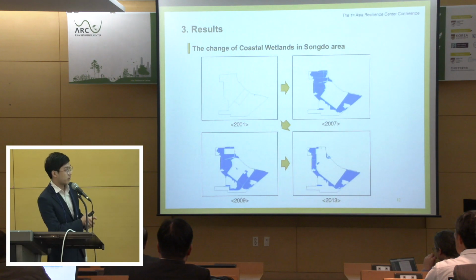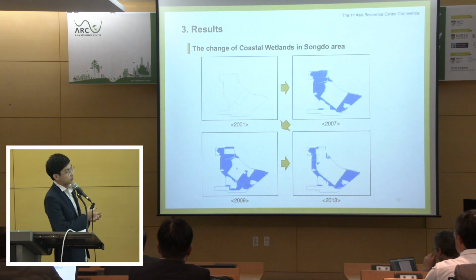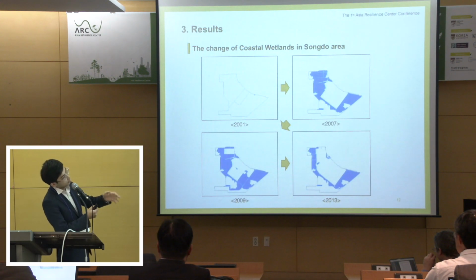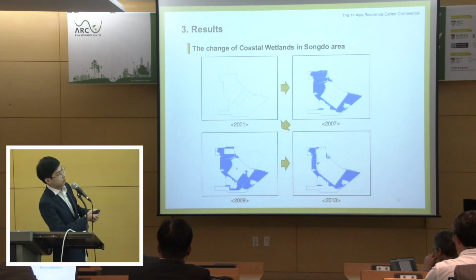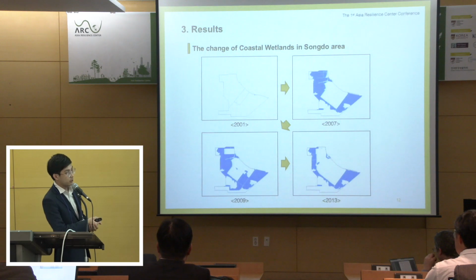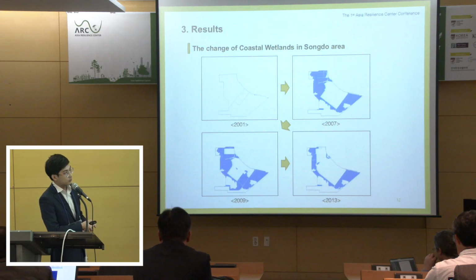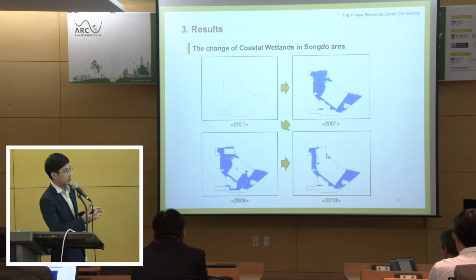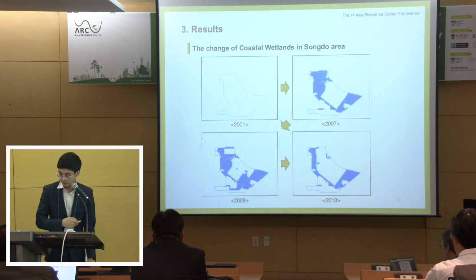After the reclamation in 2005, the coastal wetland area increased critically, so you can see the 2007 map. After 2007, there was no major change in the Songdo coastal wetland area, but the landscape changed continuously like this.